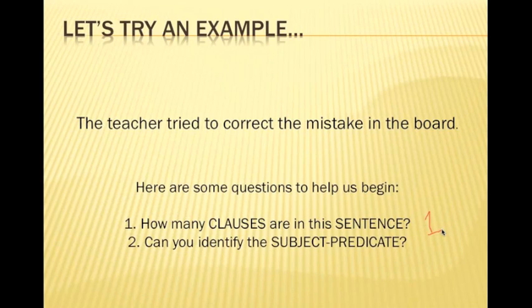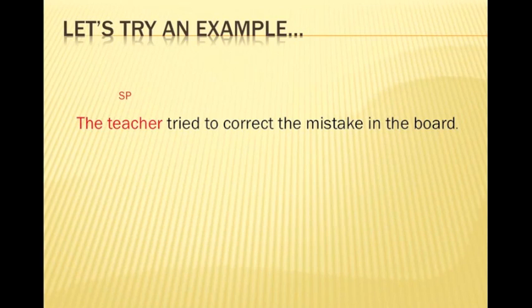Now, can we identify the subject and predicate in the sentence? Again, the subject is generally the part that we see before the verb, and the predicate is usually everything else in the clause. So let's try that. It appears that the subject phrase, the teacher, is the subject, because it does occur before the predicate.